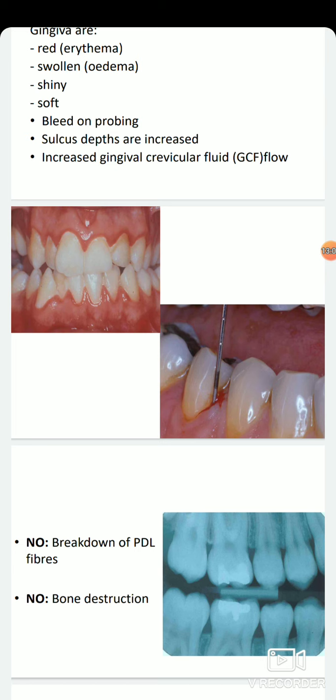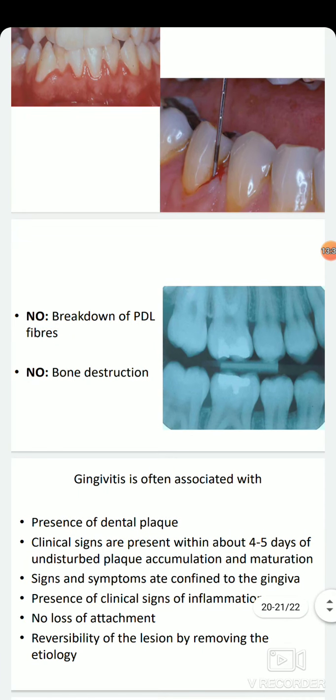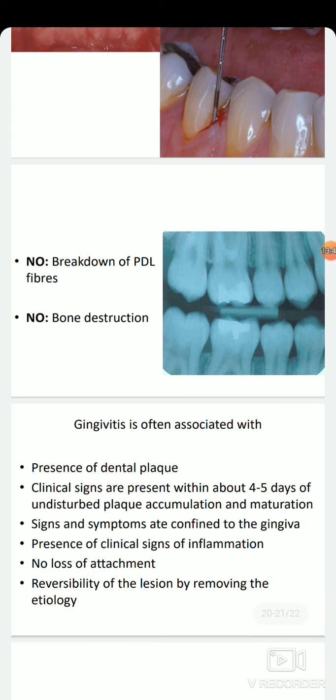Bleeding on probing is assessed with restricted pressure, about 20 pounds, using a periodontal probe, and if the surface bleeds, it is considered bleeding on probing. This type of disease, gingivitis, does not cause breakdown of periodontal ligament fibers, and there won't be any bone destruction seen in the radiographs.